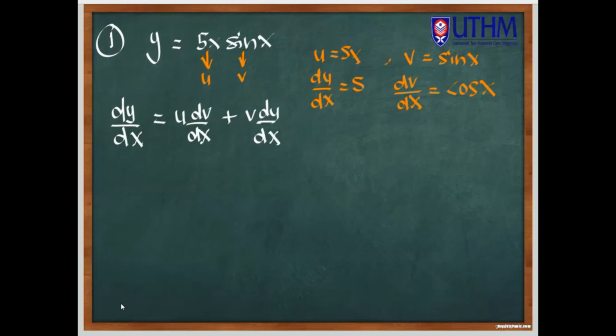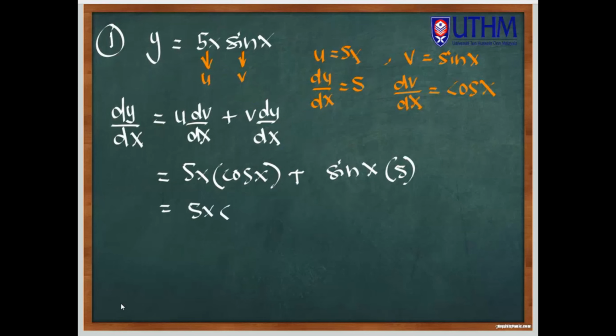We just substitute everything into the formula, and we will get 5x cos x plus sine x times 5. So we can rewrite and we will get 5x cos x plus 5 sine x. Simple, isn't it?